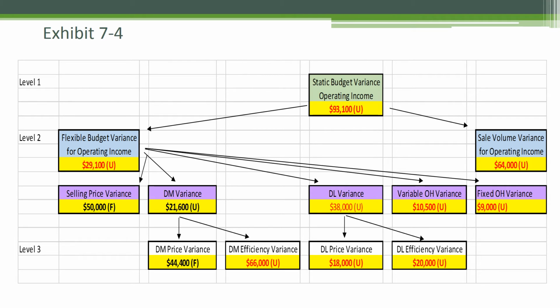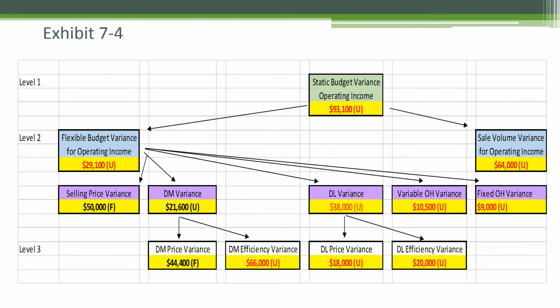Now, we were able to break them down with level 2 variances, which broke them down just a little bit further into a sales volume variance, which was determined strictly by taking the difference in the number of jackets sold. The 12,000 that we anticipated versus the 10,000 that we actually sold, the difference was 2,000 jackets, which when multiplied times all the budgeted prices gave us an unfavorable variance based strictly off sales volume of $64,000.